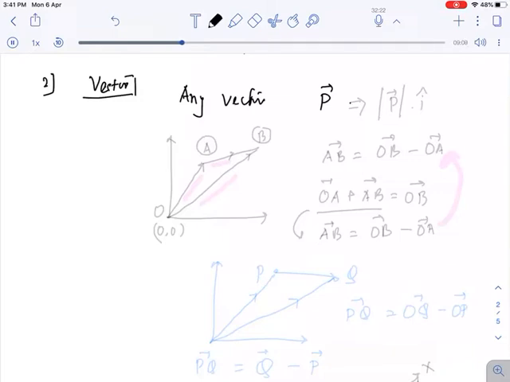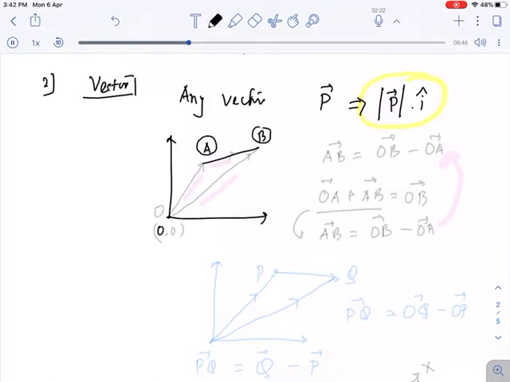Now the modulus of a vector can be represented as p within the modulus operator, the magnitude of the vector. So magnitude with the direction unit vector, I will get a point. So if a vector in two-dimensional space is represented by AB, then we call A the position vector and B another position vector.